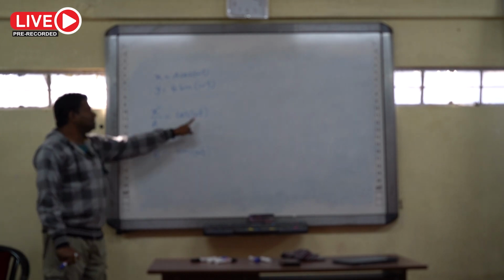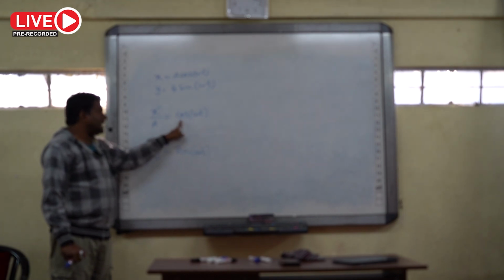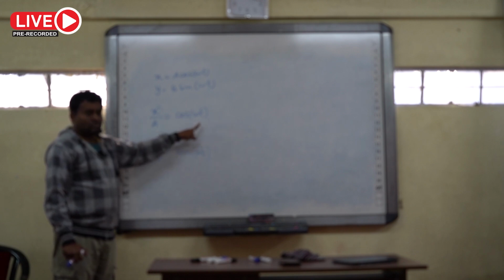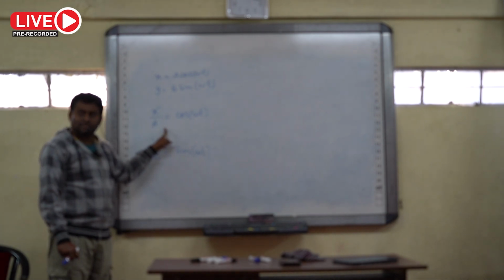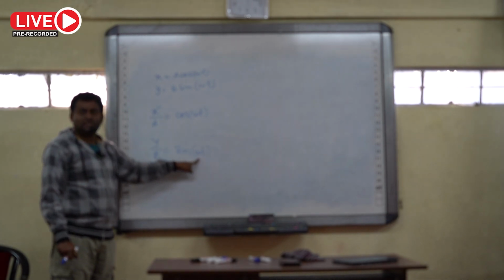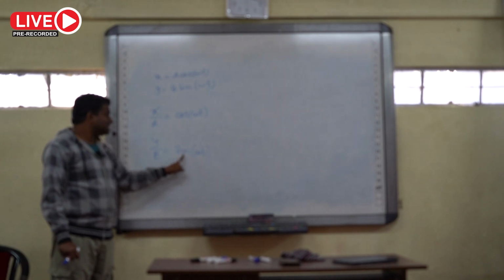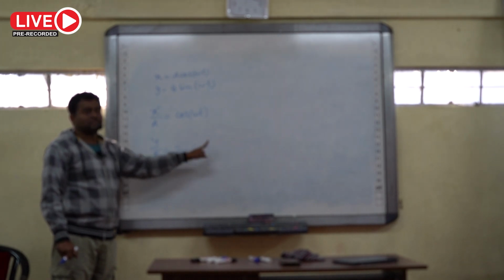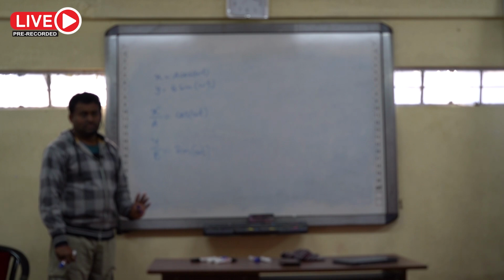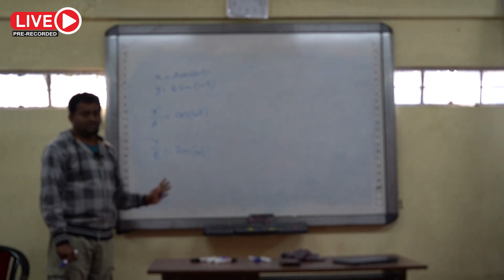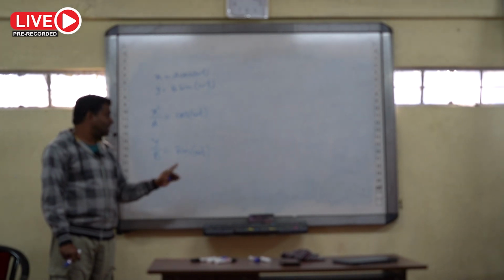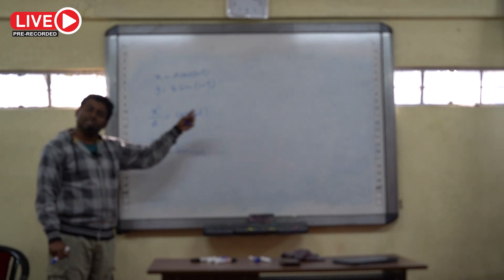Now many of you are trying to write this as t equal to 1 by omega cos inverse of x by a. Okay, that is correct. But if you substitute it here, then it will be sine of cos inverse x by a. So elimination will be more critical. So don't go that way, because then for sine of cos inverse, you have to calculate everything.